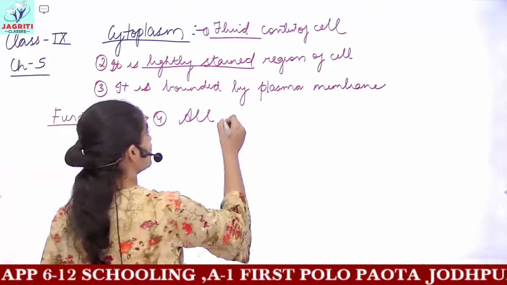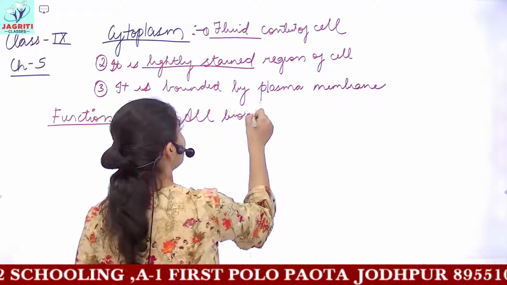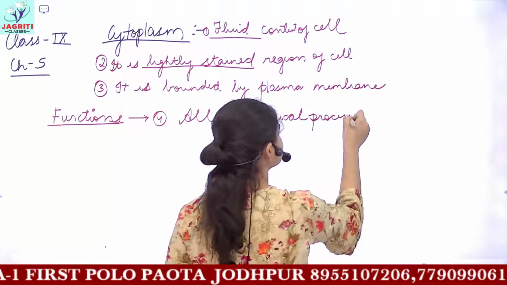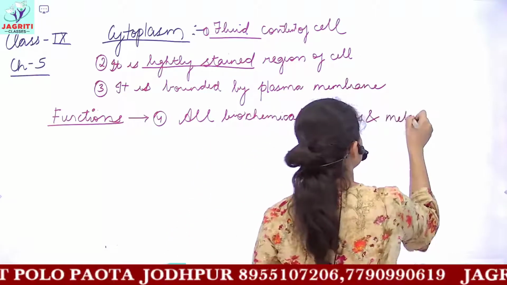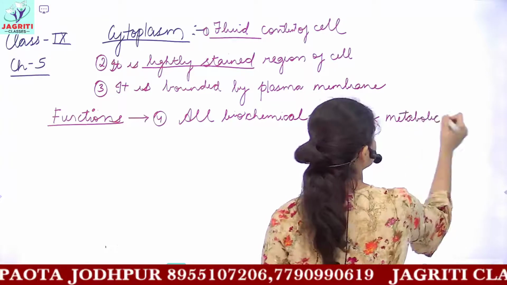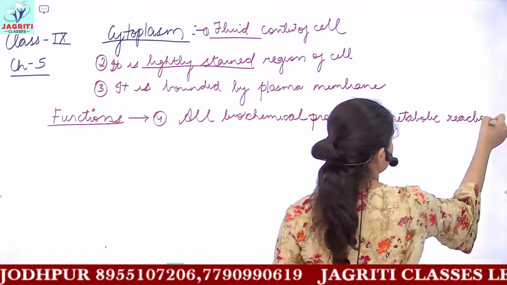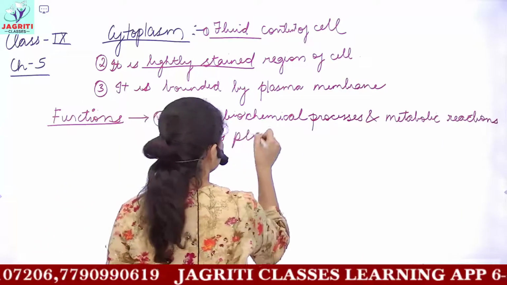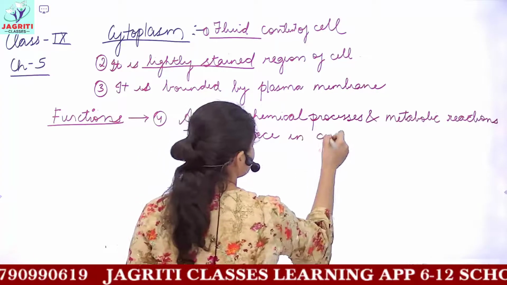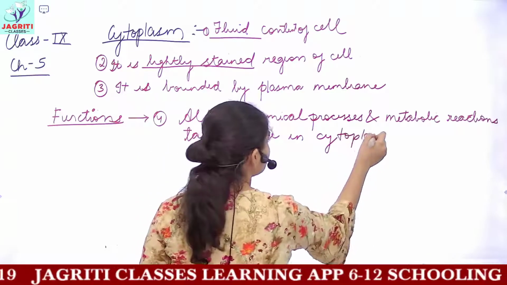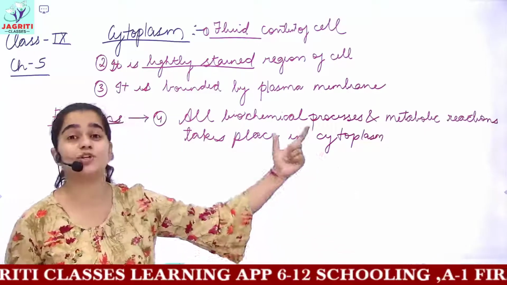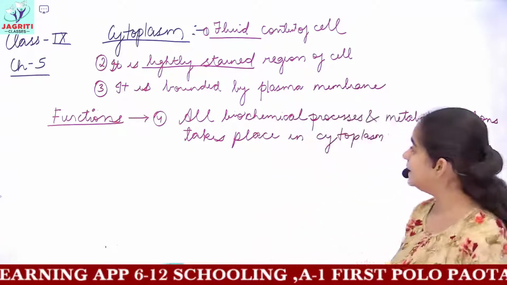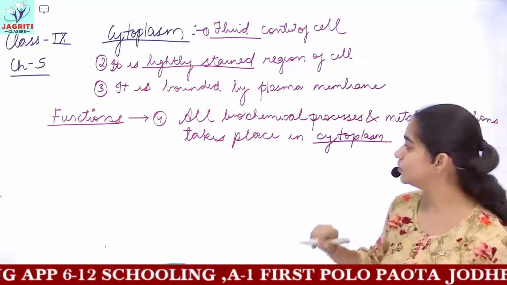So all biochemical reactions, or you can even write metabolic reactions, all biochemical processes and metabolic reactions take place in cytoplasm. So one of the most important functions is that all the reactions which require a liquid medium or fluid medium to undergo, they all occur in your cytoplasm.